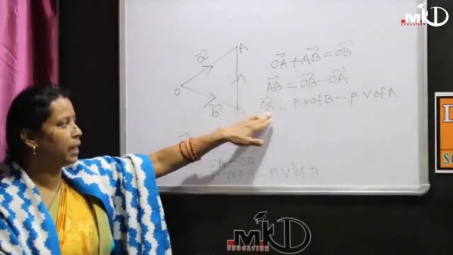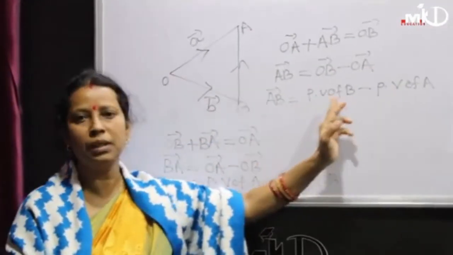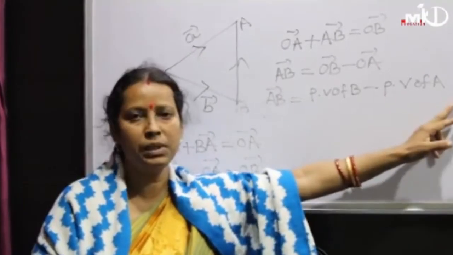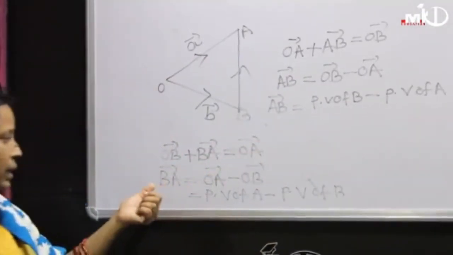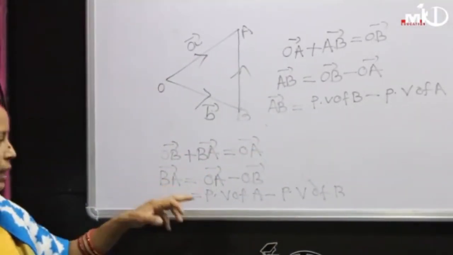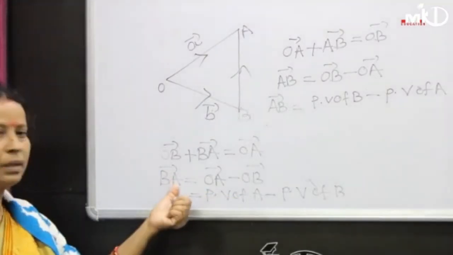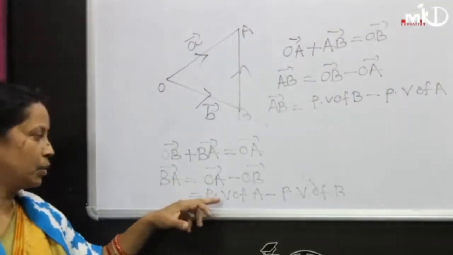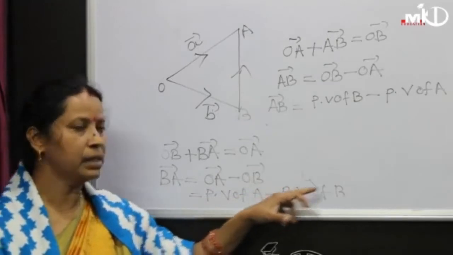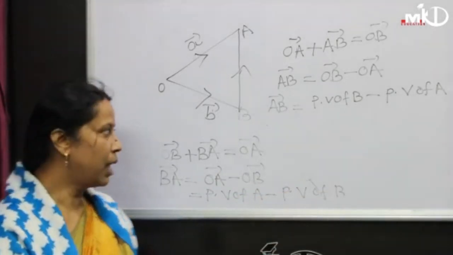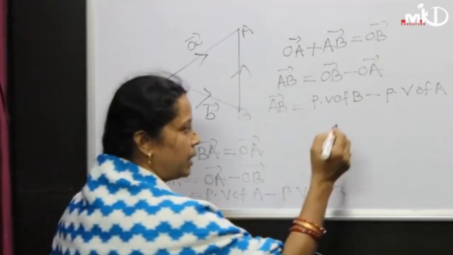Here AB vector is the position vector of B minus the position vector of A. And for BA vector, the terminal point is A, so it is the position vector of A minus the position vector of B. So now we can express any vector.